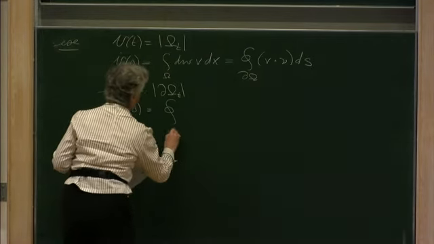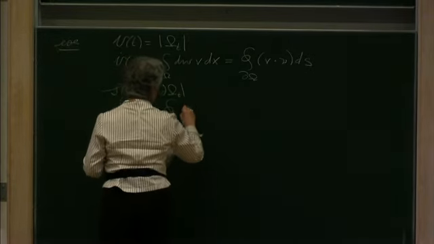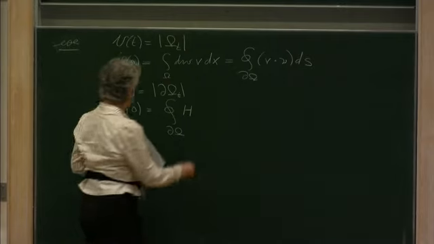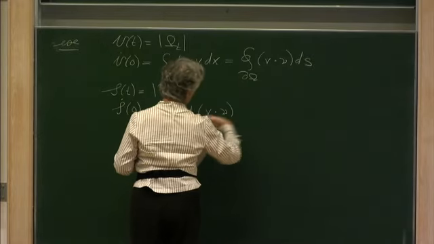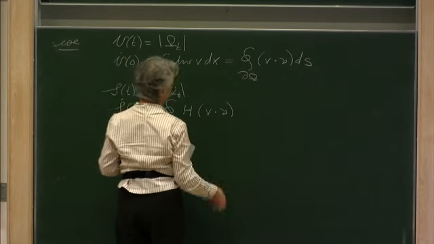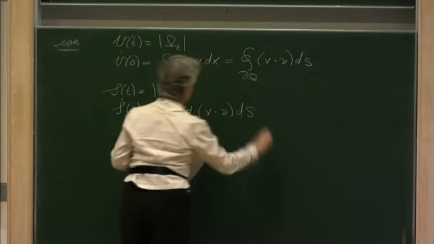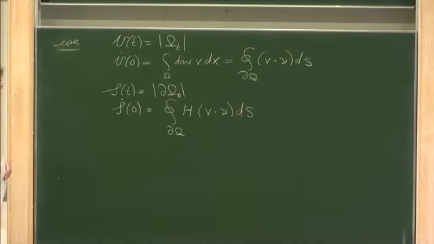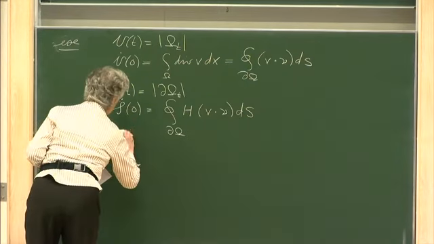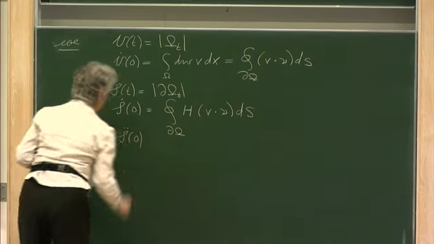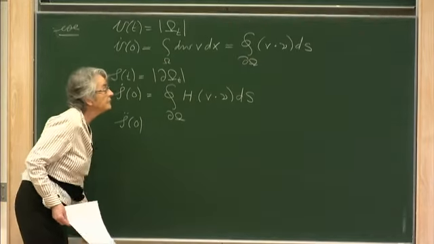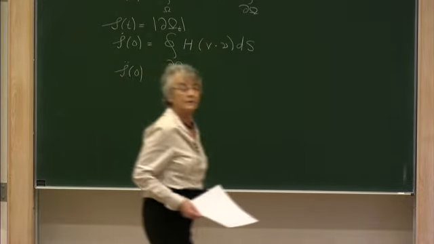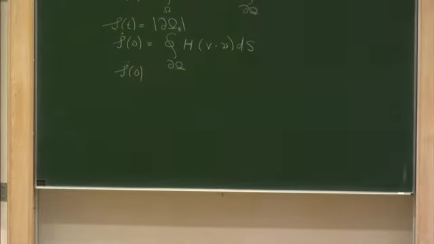This is the integral over the boundary of omega, and then we have the mean curvature of the boundary times the normal component of v, v times nu. The second derivative is more complicated. There are not so many places where we have found it, but it is contained in the book of Giusti, and it's quite a complicated expression.